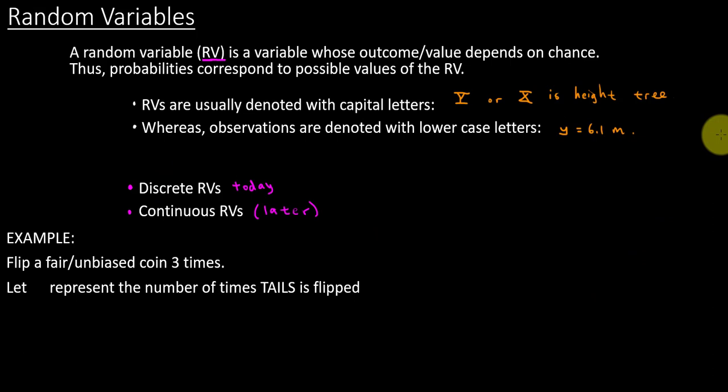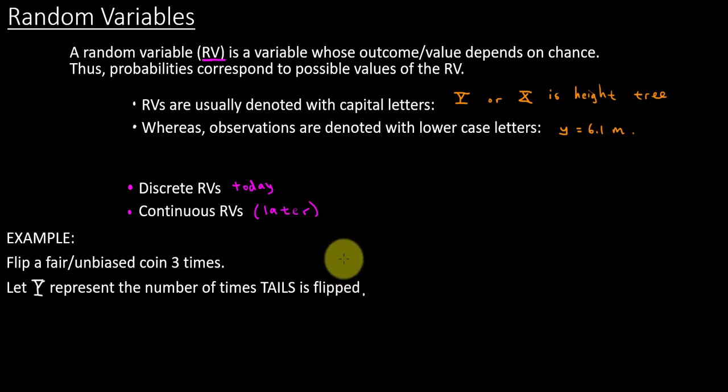In this example, we're going back to coins, and let's consider a fair or unbiased coin being flipped 3 times. I'm going to let a letter represent the number of times a tail was flipped, and I'll use Y to be consistent and sort of general. So the capital letter Y here, it's a brief sentence describing what your variable is, what is being counted.